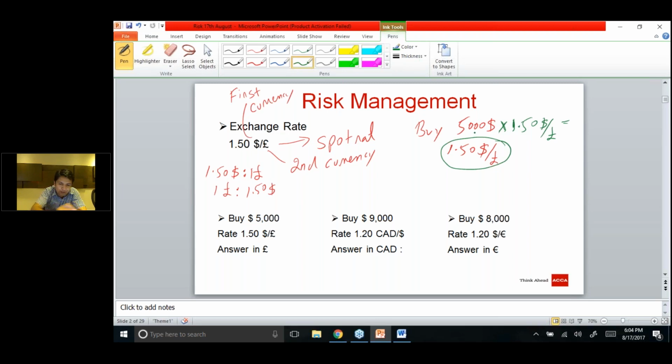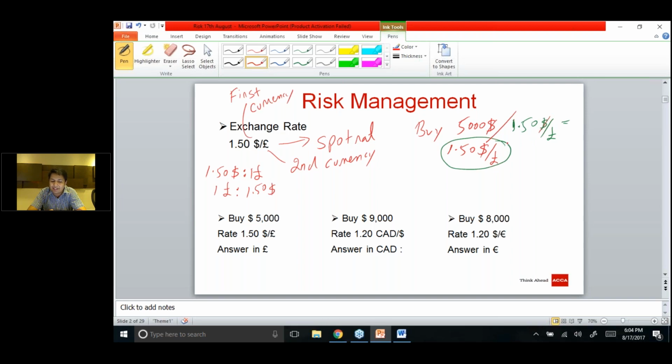So if we divide it by the exchange rate, dollar will be cancelled out, and the denominator will become the new numerator, and the answer will be in pound.